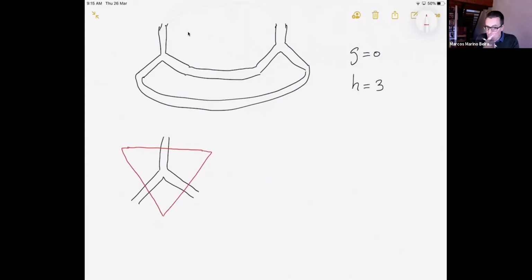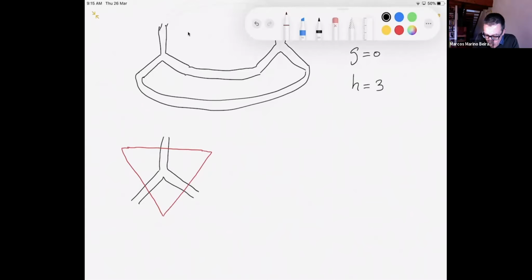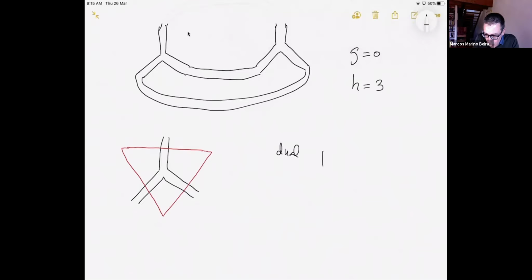So you see that by going to this dual polygon, a trivalent vertex, so a vertex with 3 legs, corresponds to a triangle. Okay.